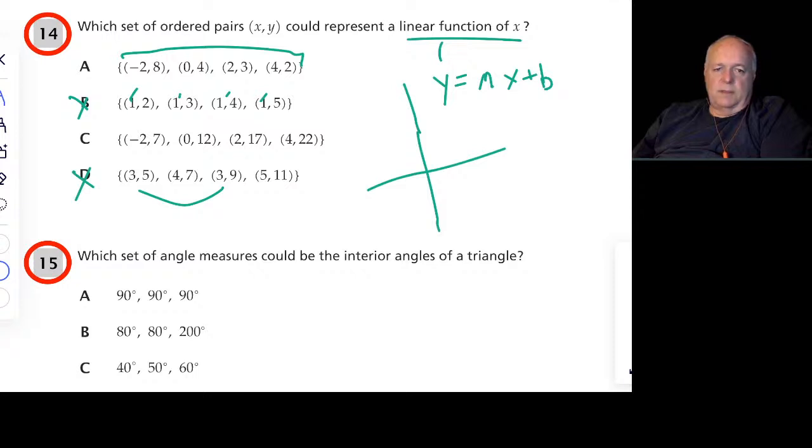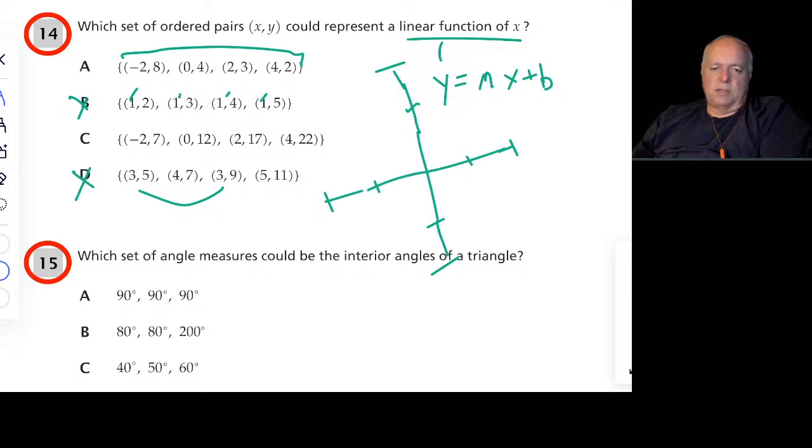So if this is 10, then that's 5. This is 5, and that's 10. This is probably 5, and that's 10. This is about 5, and that's about 10. And let's just plot the points out.